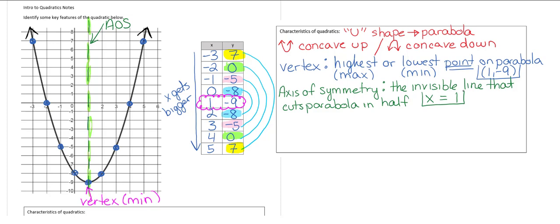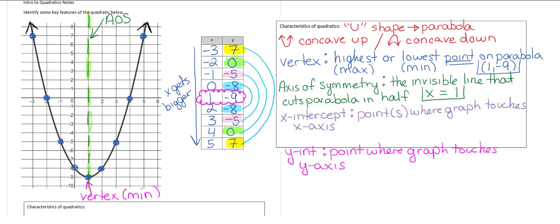So those three features, concave up and down, the vertex, and the axis of symmetry, are new vocab words for a parabola. But we have two other vocab words that we're going to talk about that are words that we talk about with all types of functions. Those are the x-intercepts and the y-intercept. So we know the x-intercept is the point or the points where the graph touches the x-axis.